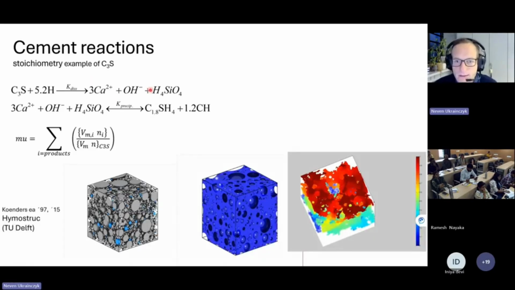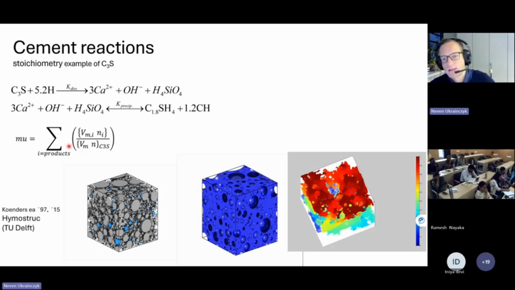We also learned yesterday that actually everything goes through the solution. So you have these dissolution constants, and also you have precipitation constants, and this is a dissolution precipitation reaction. But if you want to simplify it, you can only take the solids and already calculate the stoichiometry.